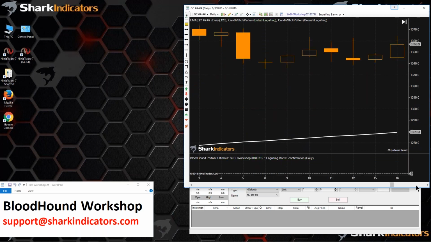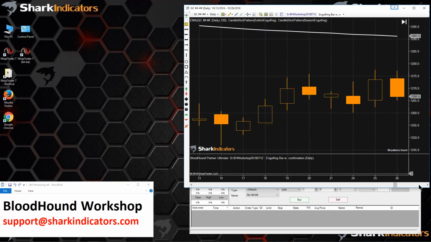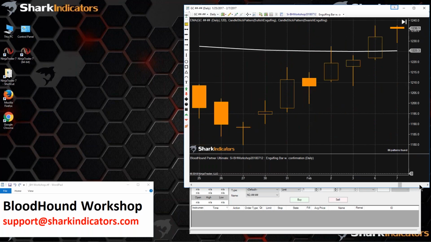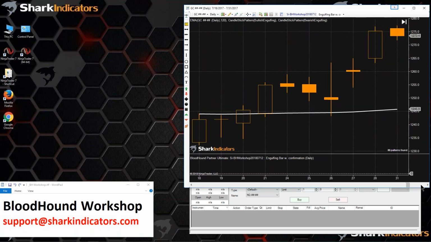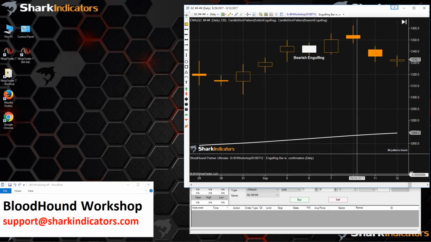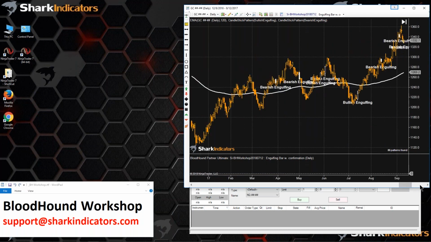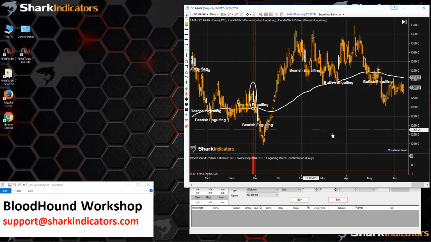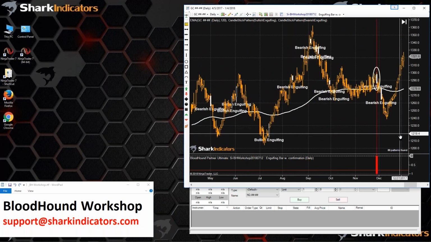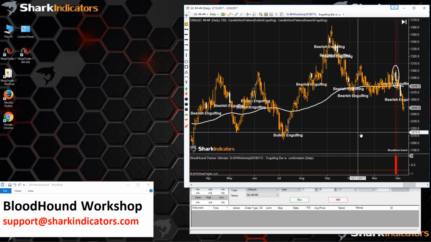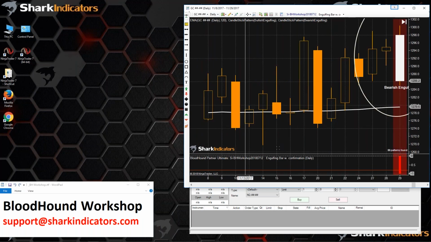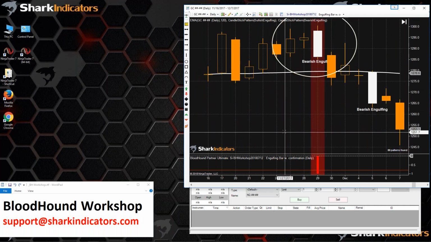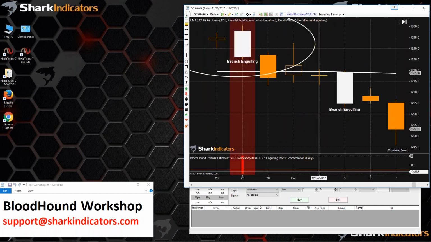So let's scan through here. Find a pattern that does have a confirmation bar. And let's see if this one has one. This one definitely has a confirmation bar.